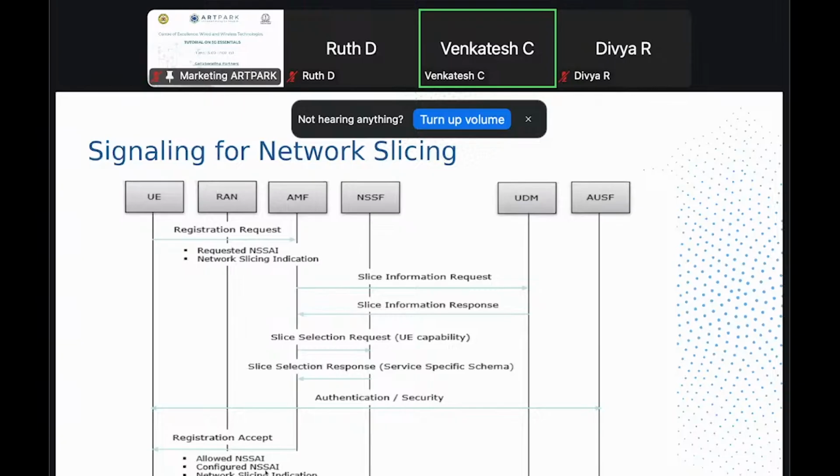These are the parameters shared between the AMF and UE. After completing these procedures, a PDU session will be established, and during the PDU session, based on the slice, the UPF will prioritize the data and send it to the appropriate UE.